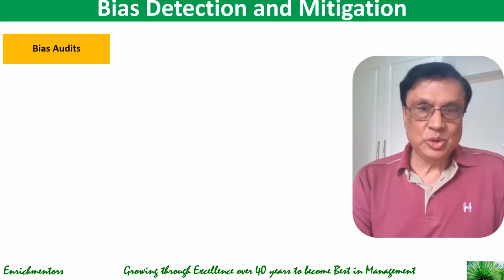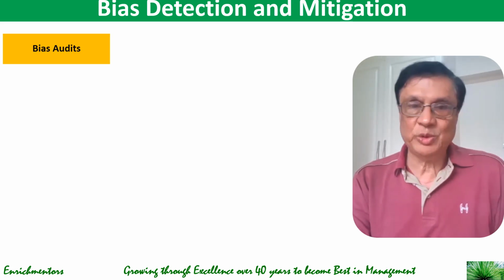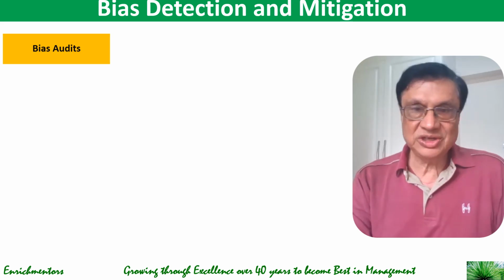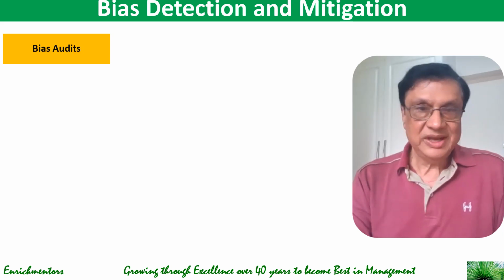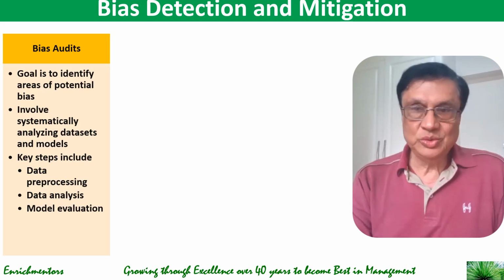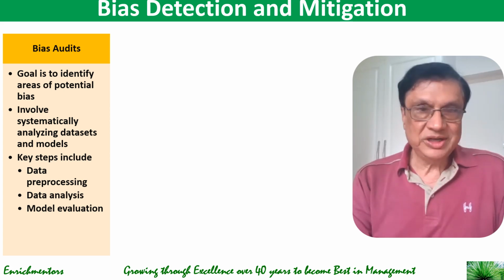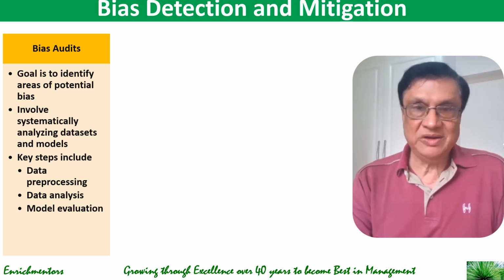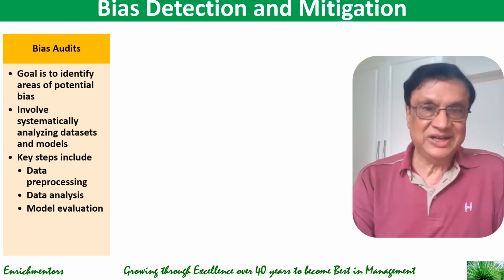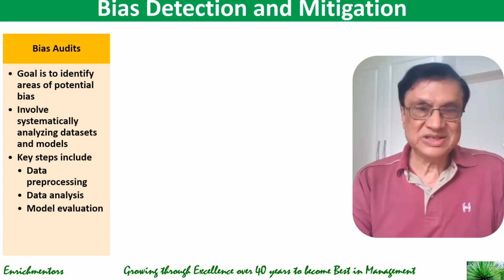You need to know that the goal of the bias audit is to identify areas of potential bias and inform subsequent bias mitigation efforts. For that, what you need to do is to audit systematically, analyze the datasets and models to identify and quantify biases, and then take a step-by-step approach of data processing, data analysis, and model evaluation to assess the bias audits.